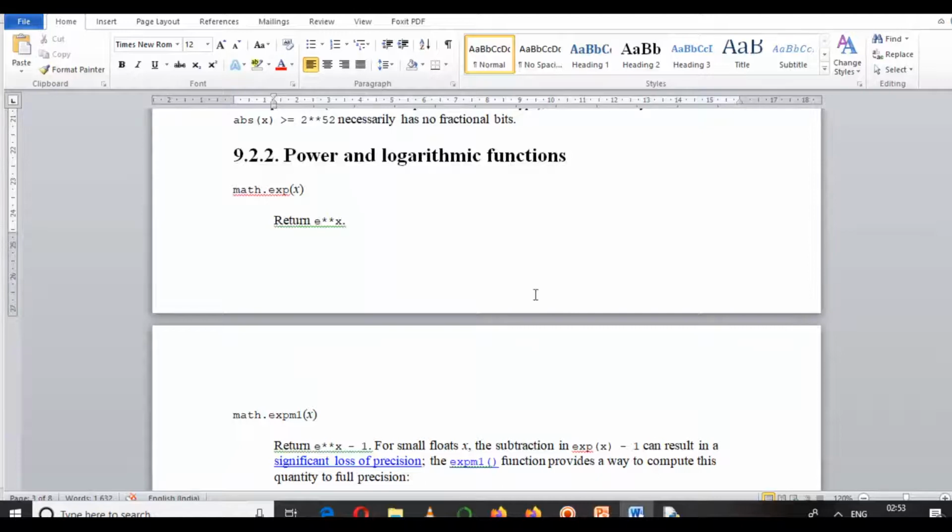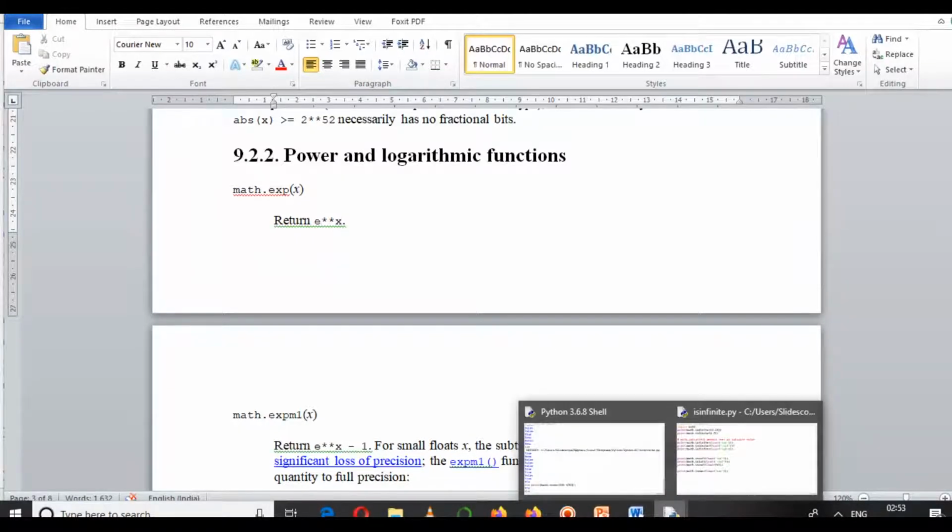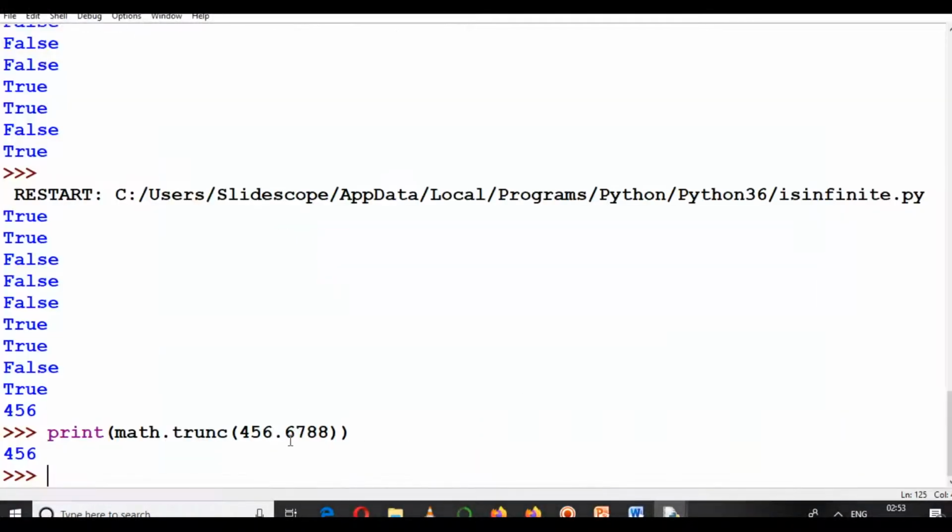Next we have some power and logarithmic functions, and the first is math.exp(x). It basically returns e raised to the power of x. It gives you the value of e raised to the power of x. So let's say math.exp(5).